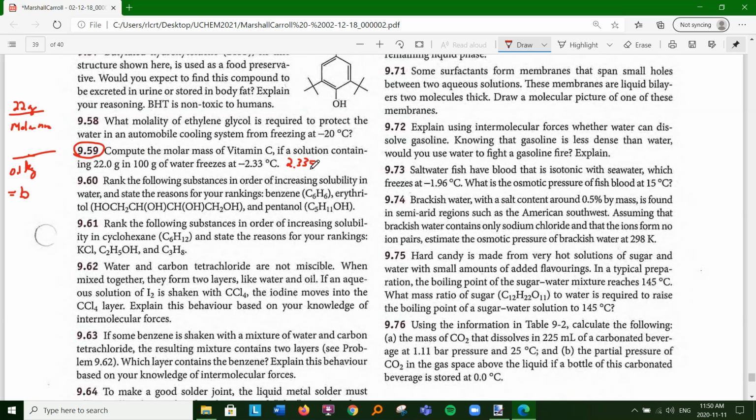Right, so 1 times 1.858 is my value for water's freezing point depression constant, then times the molality. So I can get the molality from this equation. So it's 2.33 divided by 1.858. 2.33 divided by 1.858, and I get 1.254.